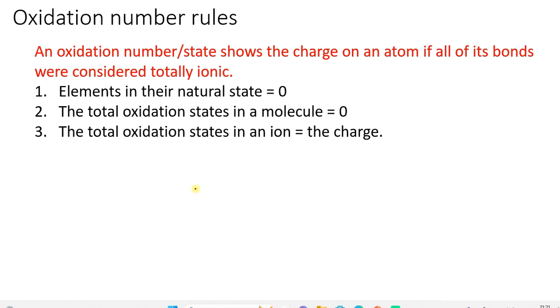More rules. The total oxidation state in a molecule is 0. Say for example CO2, that's a covalent compound, right? So this is a neutral molecule. Applying the oxidation state rules, oxygen's got -2, except in peroxides or fluorine compounds. Other than that, it's -2.